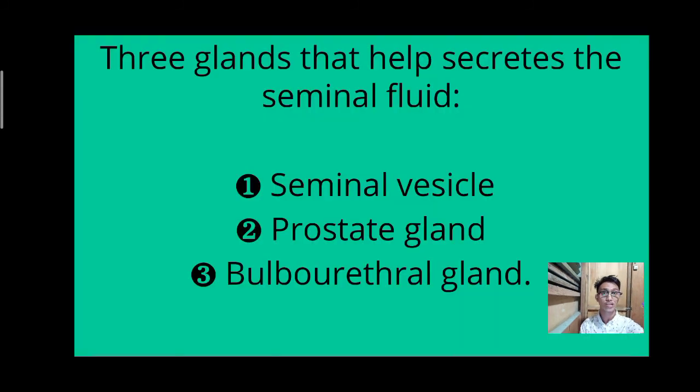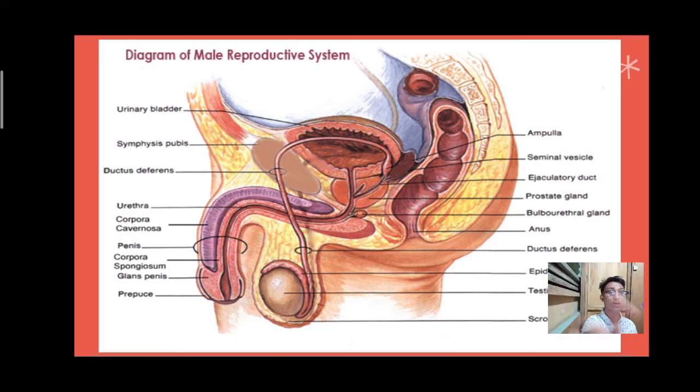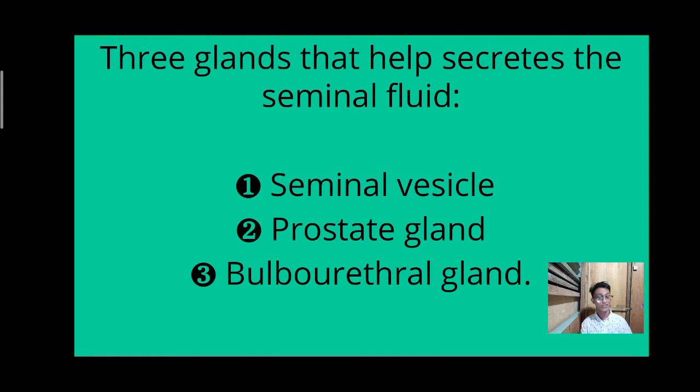And there are actually three glands that help secrete the seminal fluid. As the sperm goes through the vas deferens, seminal fluid will be added to it, and the three glands that secrete the seminal fluid are the seminal vesicle, the prostate gland, and the bulbourethral gland.